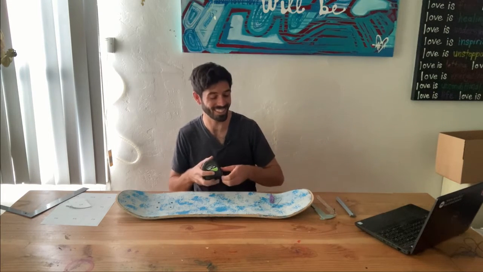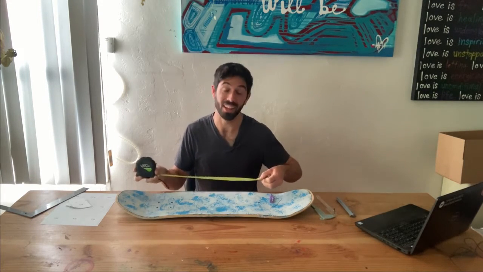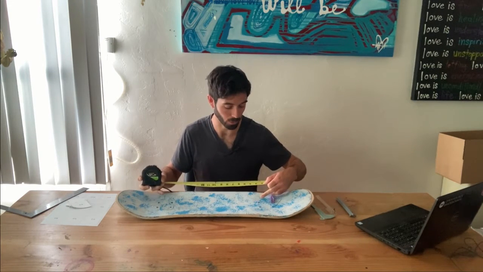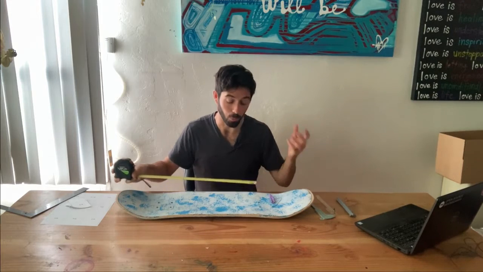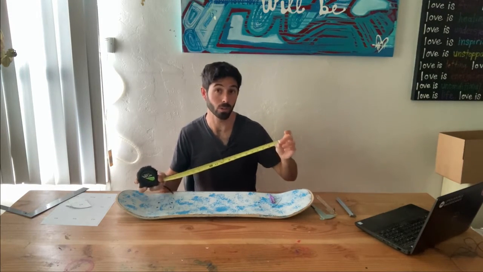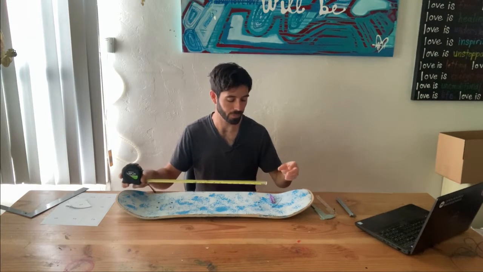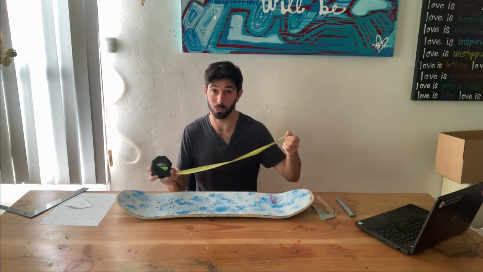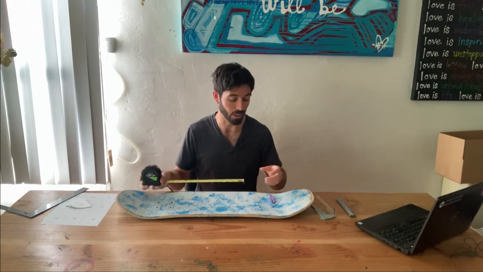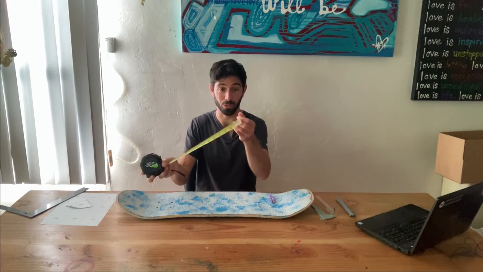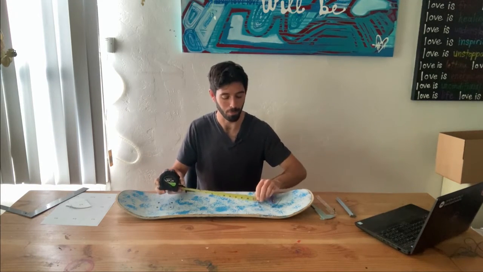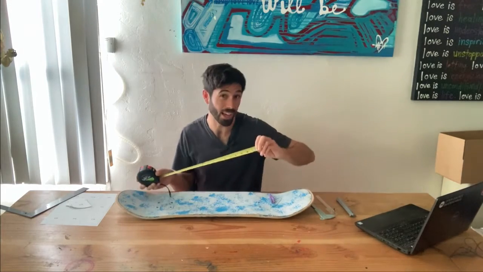Wheelbase is next, and that is the distance between the centers of the innermost truck holes. When you're measuring with a ruler or measuring tape, the ends aren't always reliable. Sometimes the ends don't start at 0, and with a tape measure that has a little hook on it, it's hard to measure easily with the angles of everything.